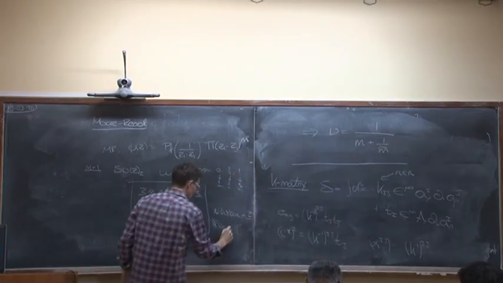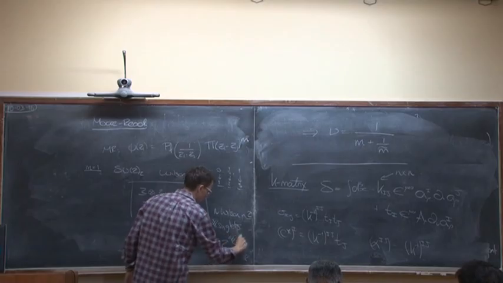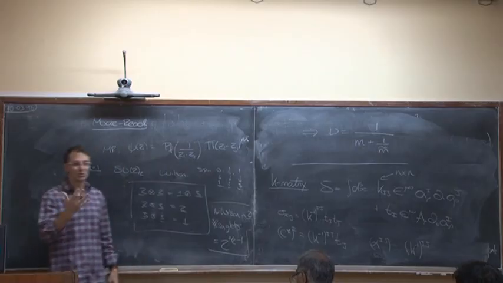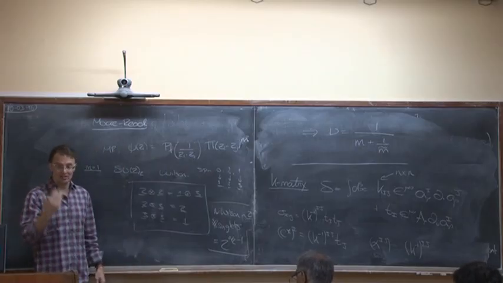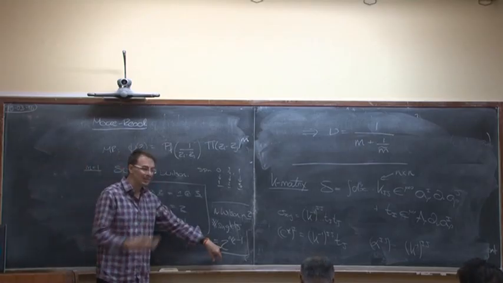And the number of singlets that you get is equal to 2 to the n over 2 minus 1. That's exactly the same counting we saw for the number of quasi-hole states in the Moore-Read state.